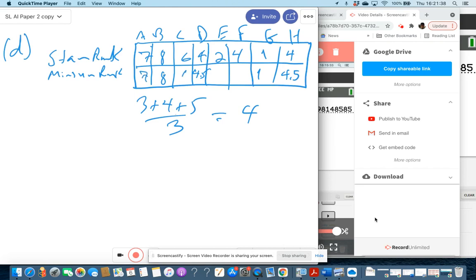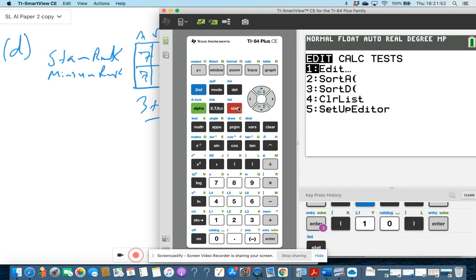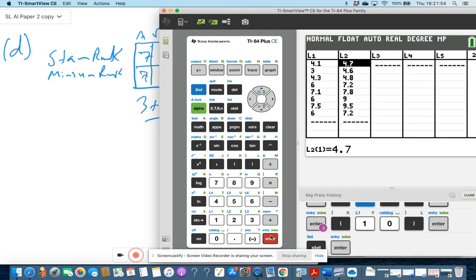So we put in these ranks, and then for the Spearman's, we're going to compare these 2 ranks by doing the same procedure that we did before on the TI-84, putting those ranks into List 1 and List 2 for Stan and Min Sun, and see if they agree on the ranking.